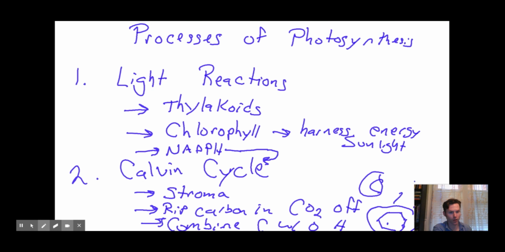Along the way, you make oxygen gas as trash, what's called a byproduct, and then it just escapes into the atmosphere, or the plant uses it for cellular respiration. Okay? So this sugar is now made through these two steps. Again, the first step is light reactions. The second step is the Calvin cycle.